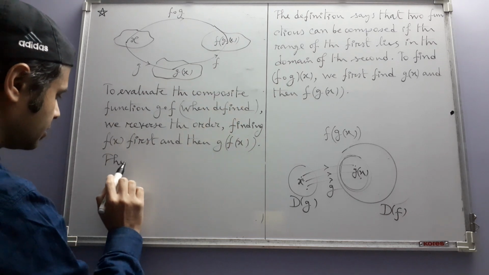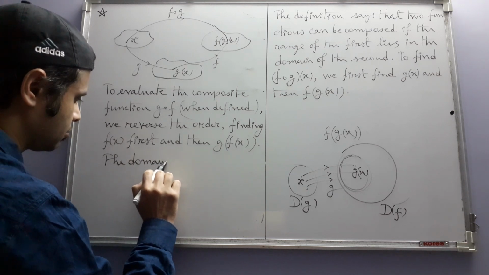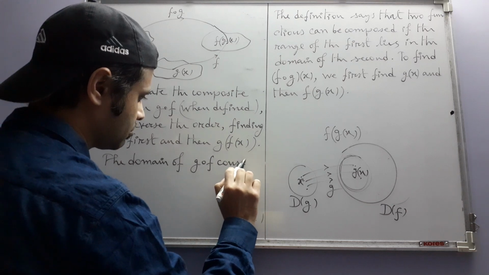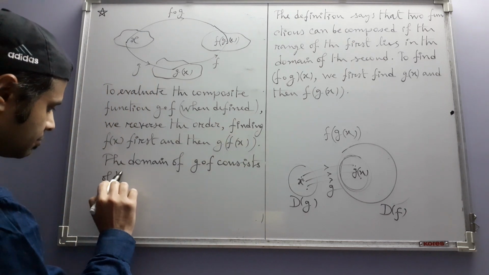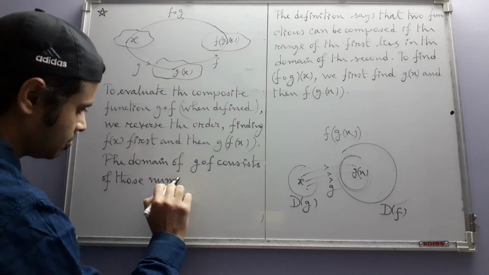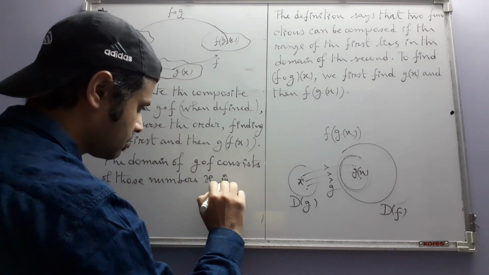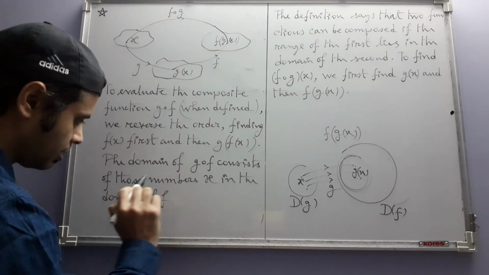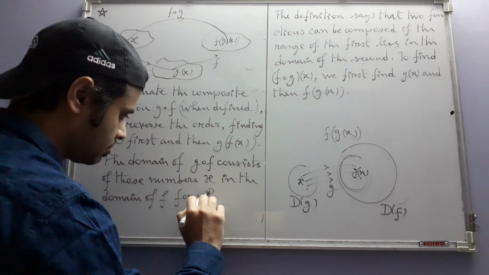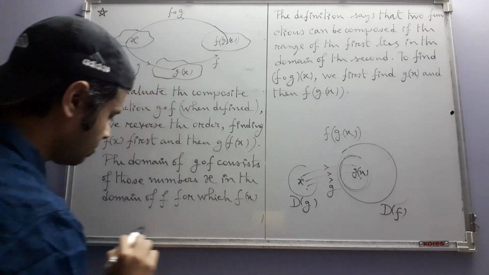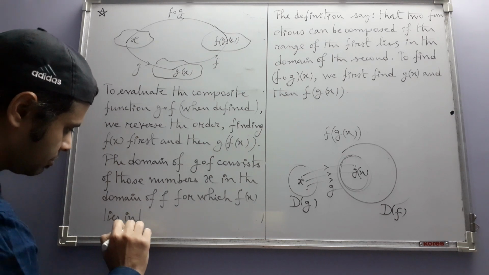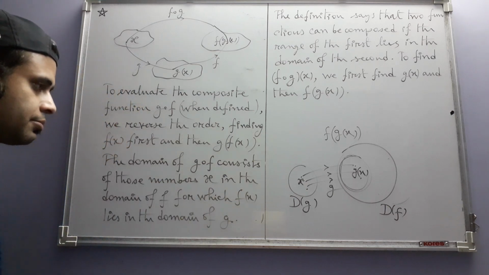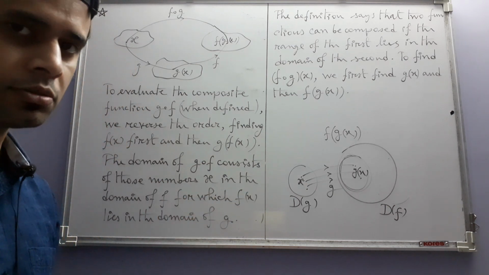So just like that other function, the first one, the domain of G circle F consists of those numbers x in the domain of F for which F of x lies in the domain of G. Here the roles of F and G have been swapped, interchanged.